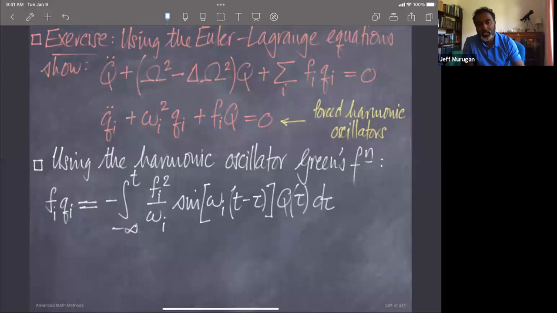Okay, let's neaten this up a little bit and define a couple of things that will allow us to make some progress going forward. So I want to define the following functions.